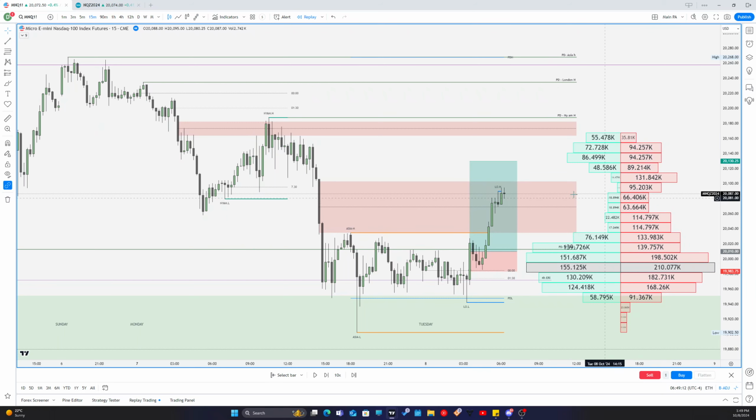In the fair value gap, there's actually no volume compared to everything else. So yeah, this would give a bit of confidence that price will go up even in the fair value gap. And this is when a lot of traders will get stopped trying to short.